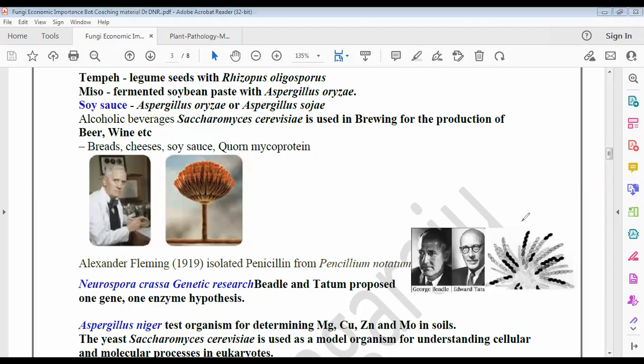By using Neurospora crassa, they established the theory of one gene, one enzyme. That means one gene can produce only one type of enzyme, not other types. Only one enzyme or one protein can be produced by one gene.